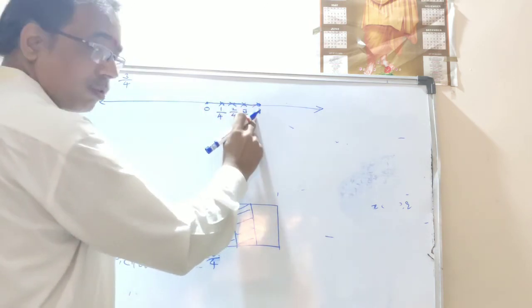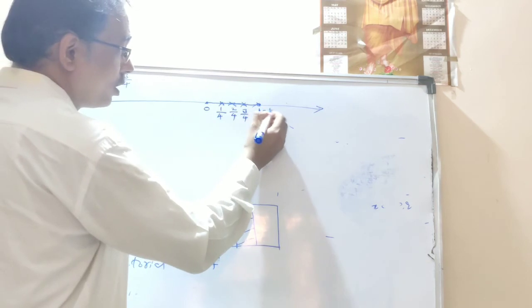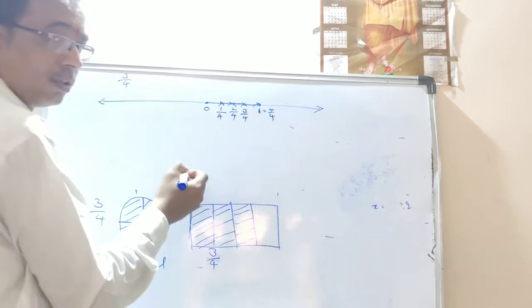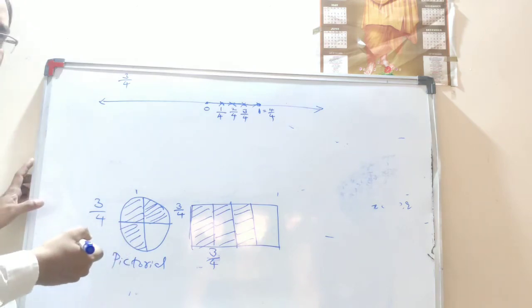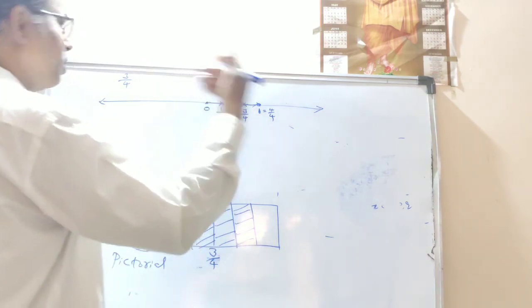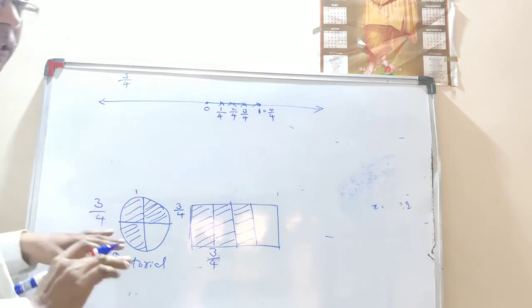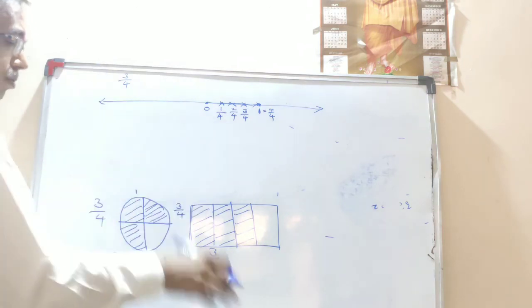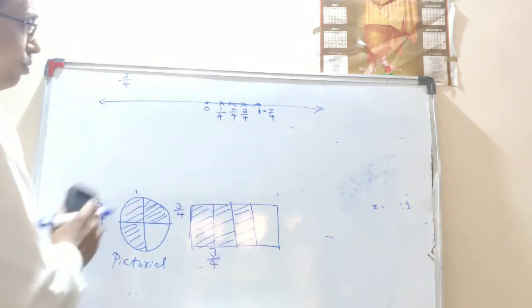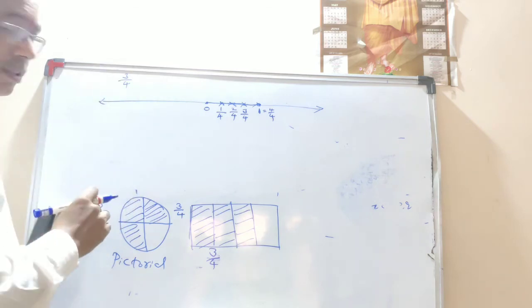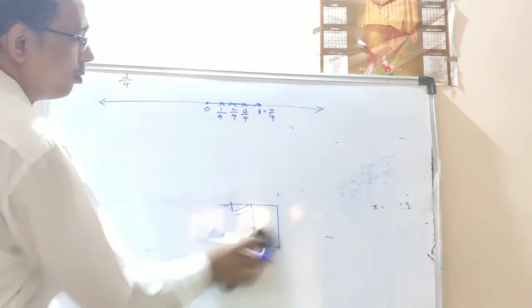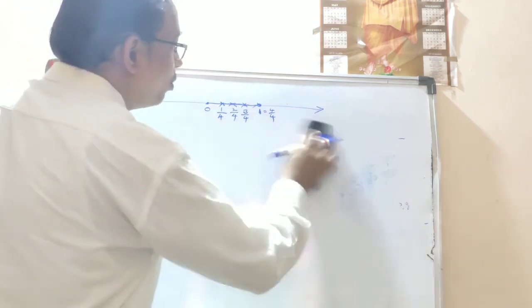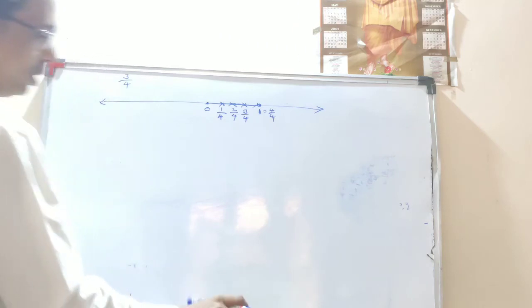From 0 to the fourth one, that can be written as 4/4. Like this we can represent 3/4 on a number line. Like this we can represent any number. We have to observe first of all the denominator, and by the denominator we divide each unit into that number of equal parts.